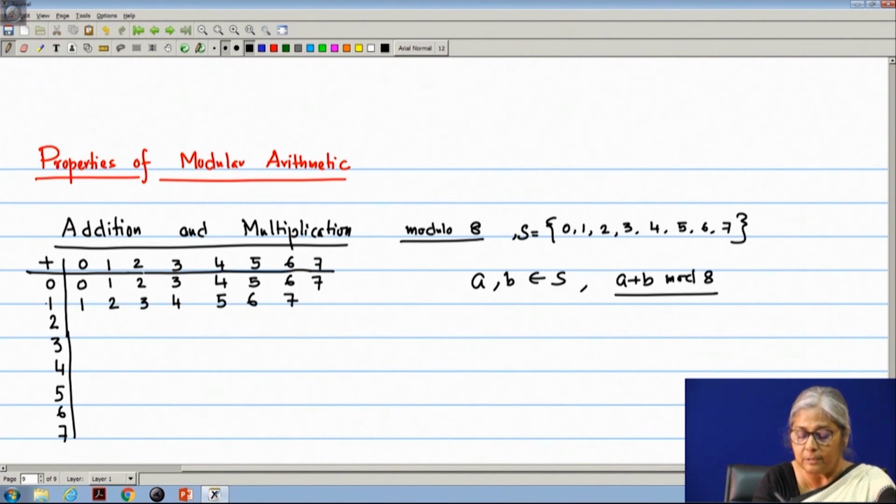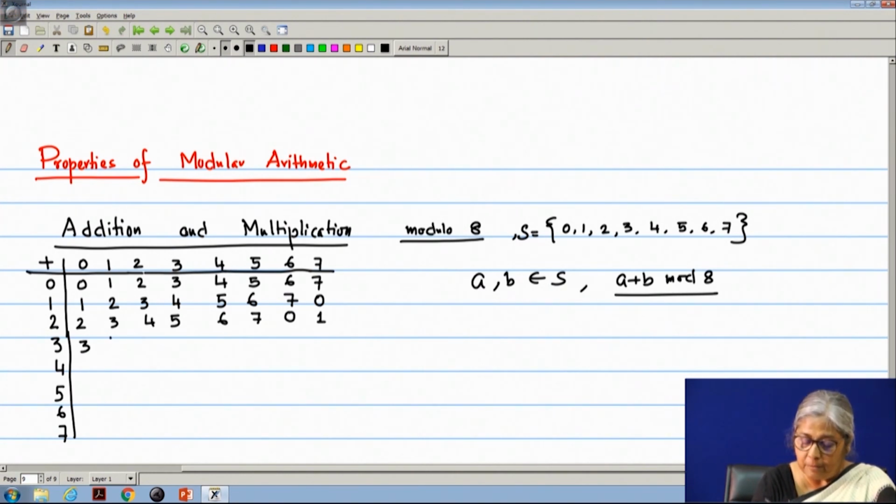Now 1 plus 7 is 8, and 8 divided by 8 leaves remainder 0. Similarly 2 plus 6 is 8, remainder 0, and 2 plus 7 is 9, so 9 divided by 8 gives 1.